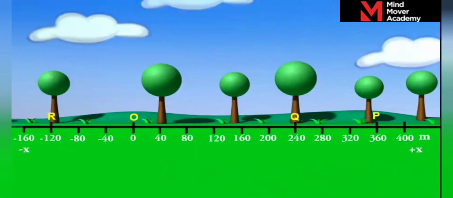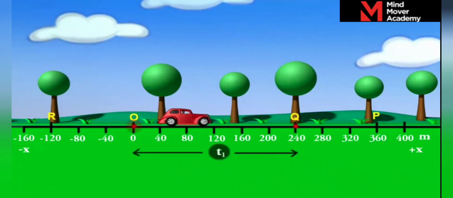For example, the motion of a car from point O to point Q till time t1 with decreasing speeds, and turning back and moving with the same negative acceleration.